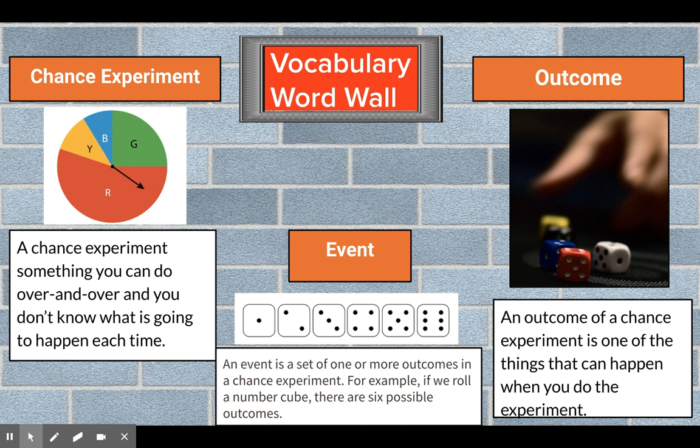And an event is a set of one or more outcomes in a chance experiment. So it's a set of outcomes. For example, if we roll a number cube, there are 6 possible outcomes, and that would be the event. So let's pause here so we can write down the definition for an event. And once again, we've already talked about a chance experiment and its outcome.